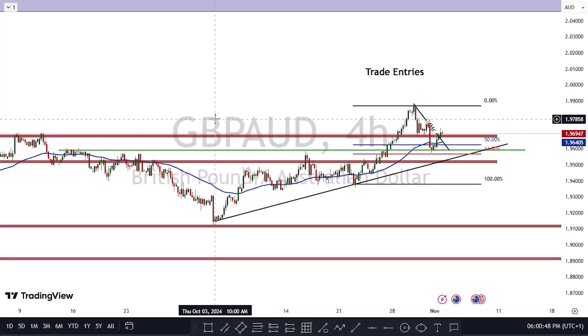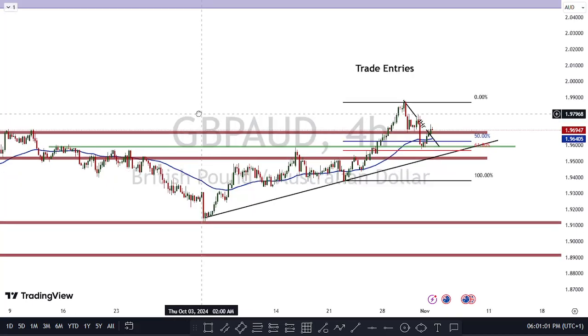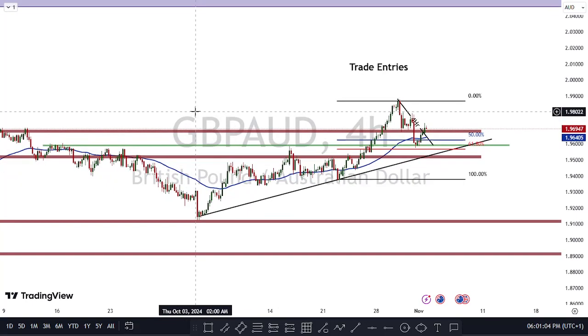So guys, we know very well that after you've analyzed the market, you don't just hop in, right? You say to yourself, okay, this market is going to be a sell, or let's use GBP/AUD in this scenario. We've analyzed and say GBP/AUD is going to be a buy. Now we don't just go inside buying GBP/AUD.